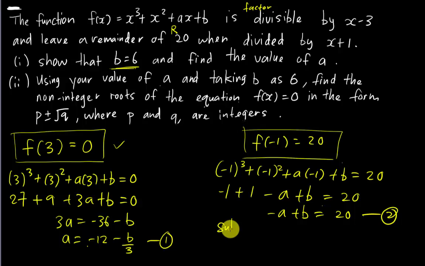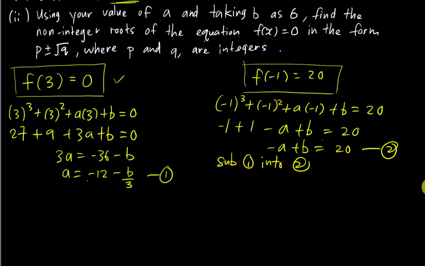Then I do simultaneous equations. I'm going to substitute my first equation into my second equation. So I sub the a into here. A will be negative 12 minus b over 3, plus b equals 20. A negative multiplied in will make both become positive.